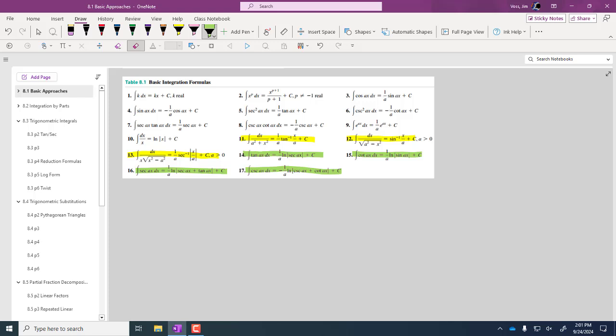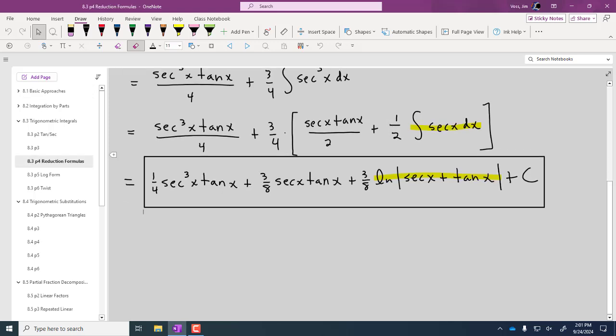Every one of them integrates to a log. So, if they all integrate to a log, what form should you be able to write them in?